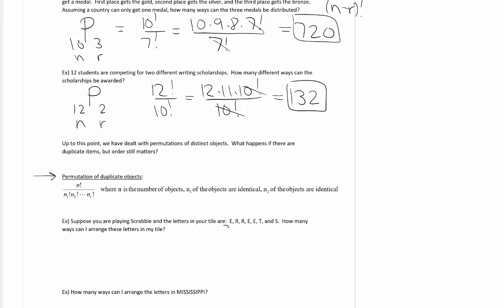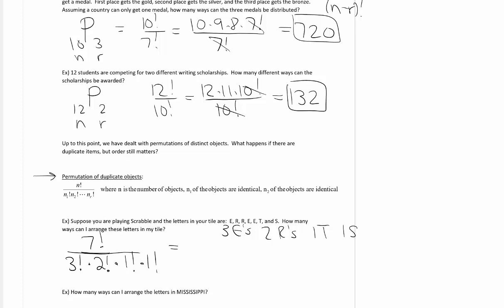So there are 3 E's, there are 2 R's, there is 1 T, and there's 1 S. So on the top, there's a total of 7 letters divided by, well, there are 3 E's, so on the bottom, that's 3 factorial. I have 2 R's, so on the bottom, that's going to be 2 factorial. 1 T, I'll write it as 1 factorial. And 1 S, that's 1 factorial.